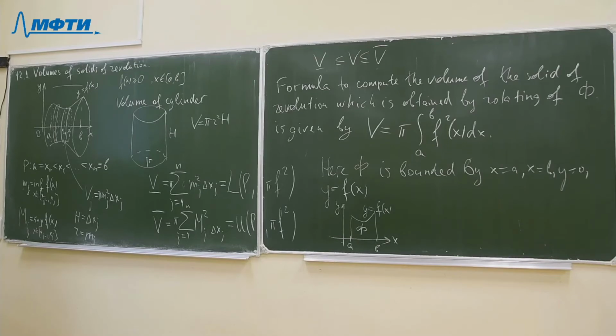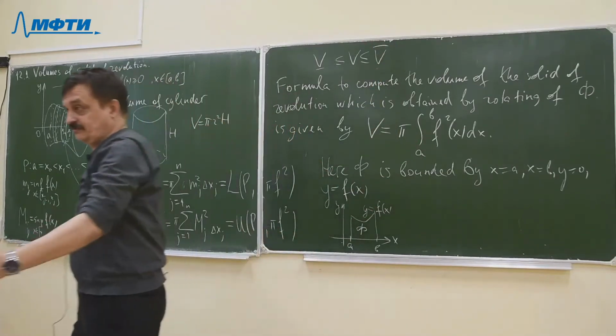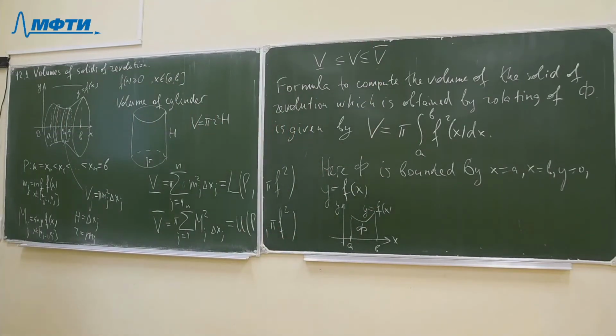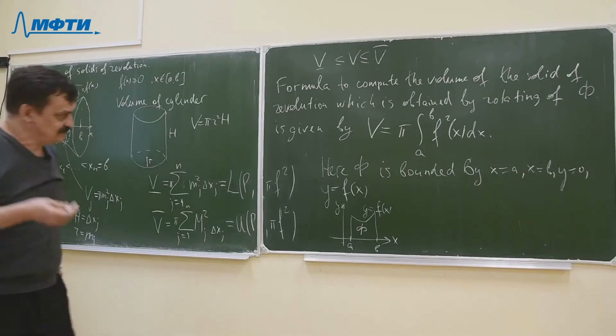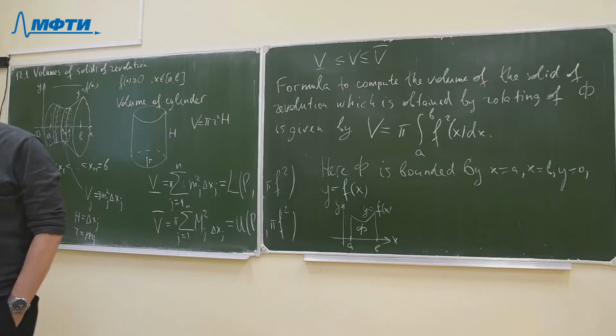Still, I don't understand. I'm talking about the same thing: the overlined is the volume of a figure which consists of several cylinders, which is bigger than our solid of revolution. I don't want to use the word biggest, because that's wrong for this case. Definitely we can find bigger cylinders, but we are not interested in them.